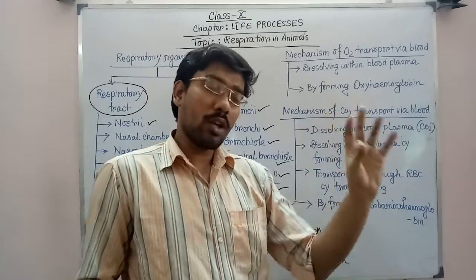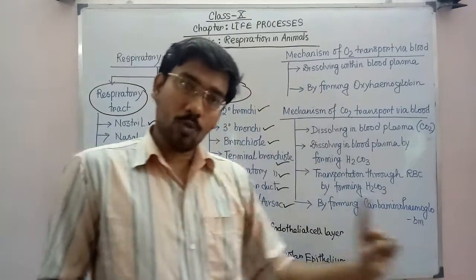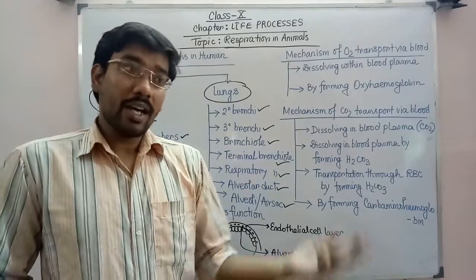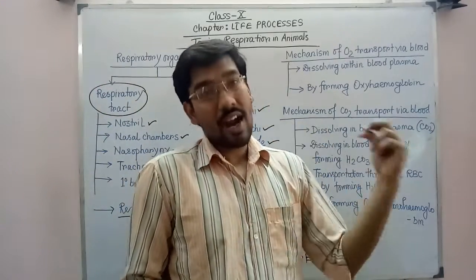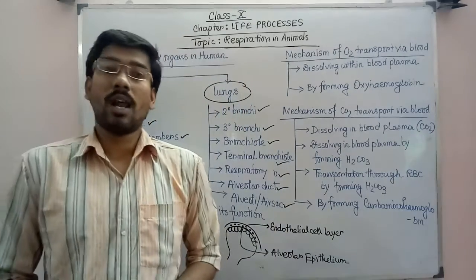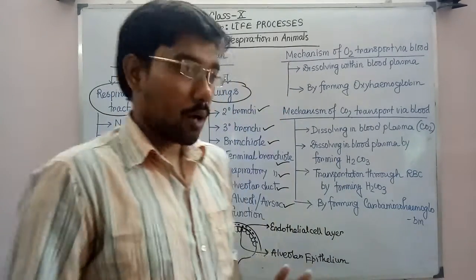So in one form, only as a CO2 molecule it is transported through the blood plasma. In another way, carbon dioxide reacts with water and forms carbonic acid, and that carbonic acid passes through the blood plasma and comes to our lung.